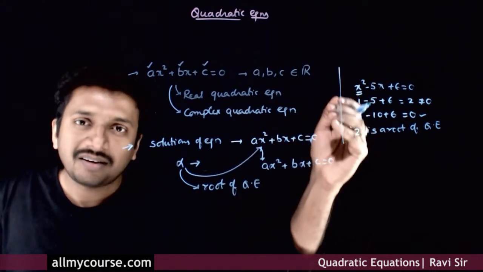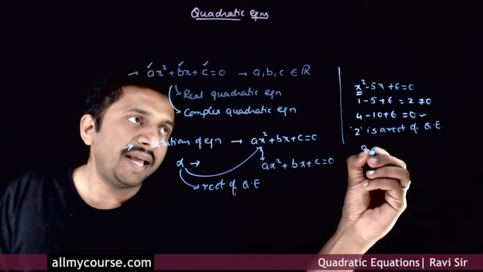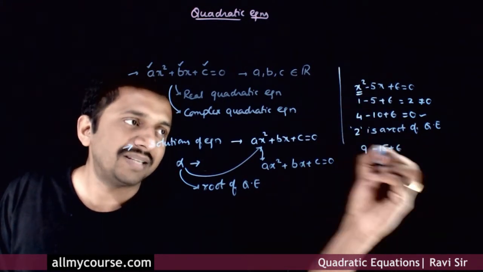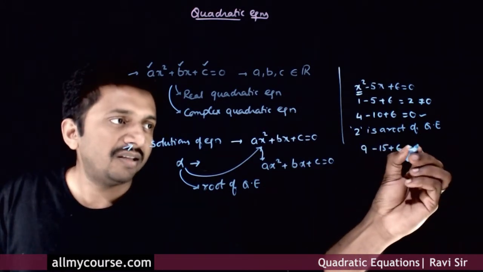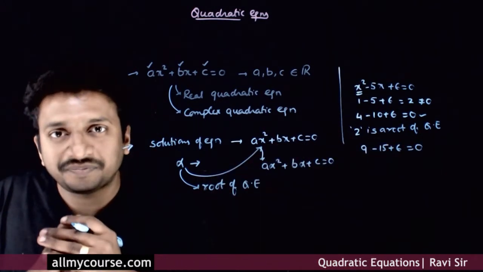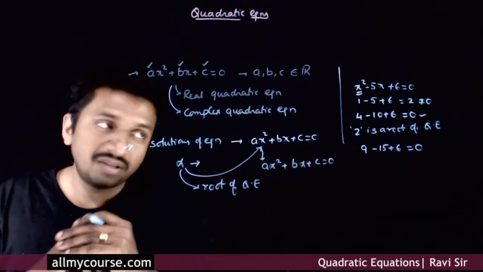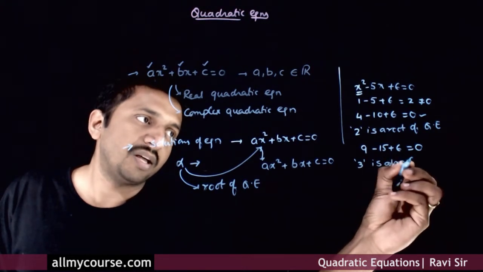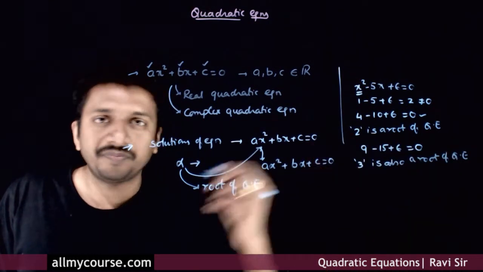Let us take x = 3. You have 9 minus 5 threes are 15, plus 6. So 9 + 6 is 15, minus 15 is again equal to 0. Hence 3 is also satisfying this equation, and hence 3 is also a root of this quadratic equation.